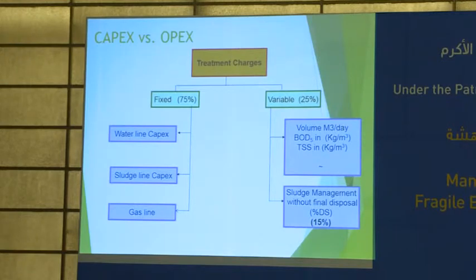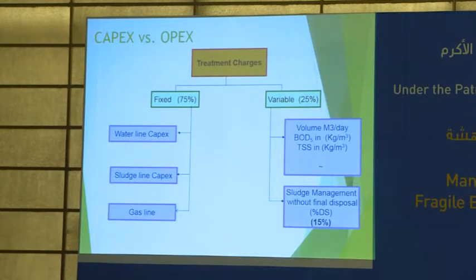The capital cost covers the water line, the sludge line, and the gas line, which is around 75% of the whole monthly treatment charge, which we pay to the contractor, or let us say our partner, not our contractor, because the BOT contract could be a partnership contract. The balance of 25% covers the variable charge.